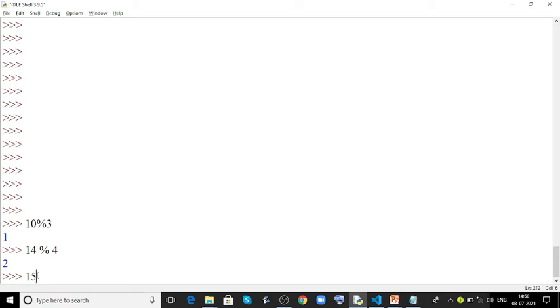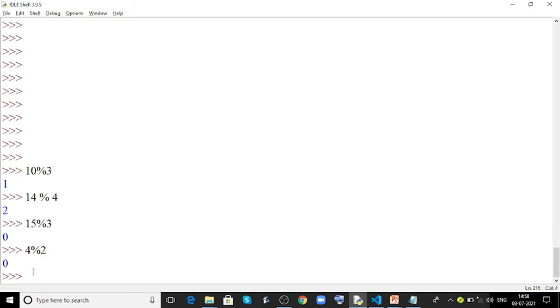Now one more example. 15 modulus 3. What is the answer? In this case, there is no remainder. Remainder is 0. Now see 4 percentage 2. What is the answer? 0. Because if we divide 4 by 2, the remainder is 0.